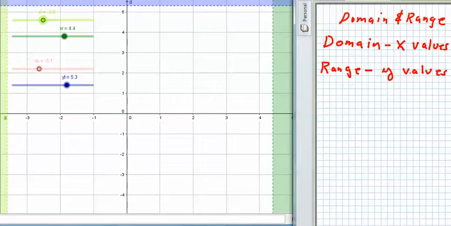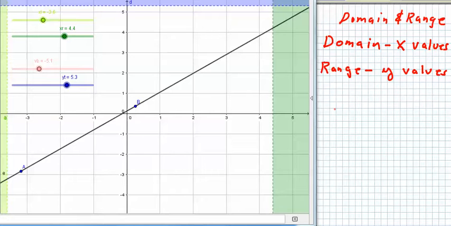So we're going to start with a line. Looking at my line here, I see that it goes on forever and ever. If you visualize beyond the graph, as x gets larger, this graph is moving to the right. It's also moving up.